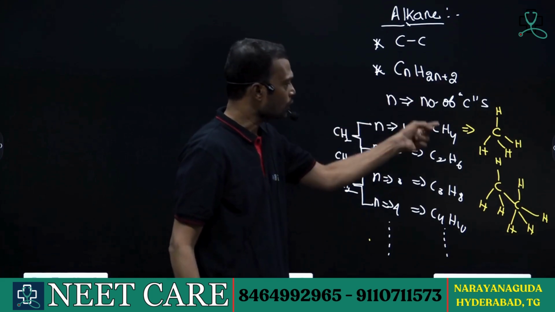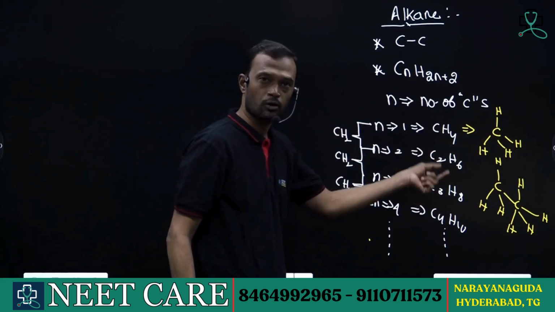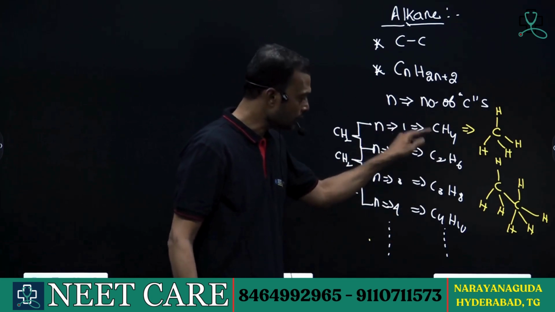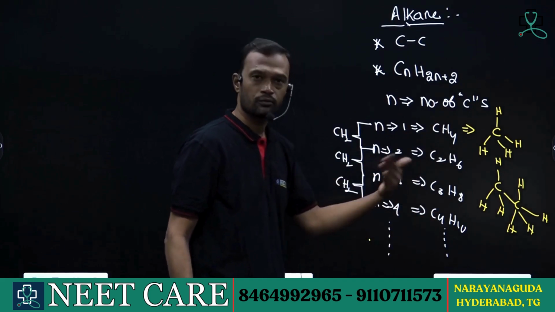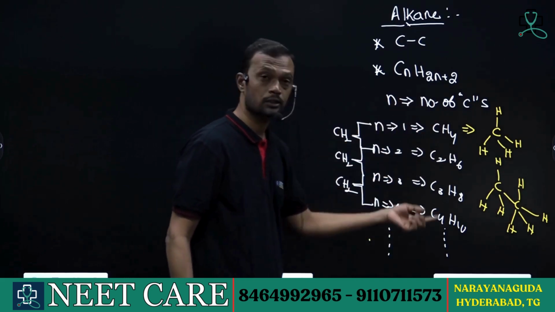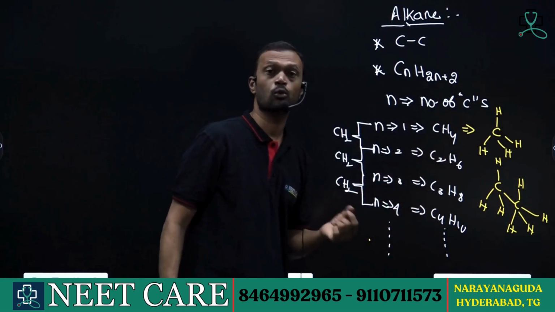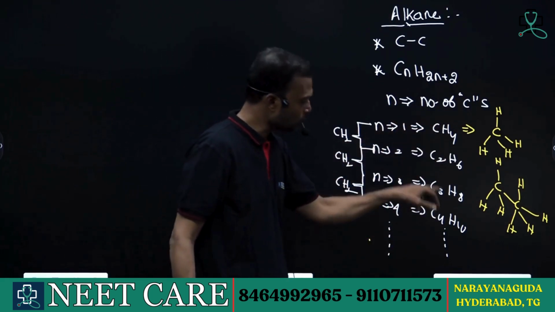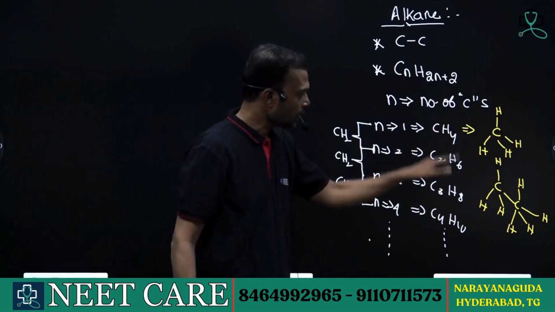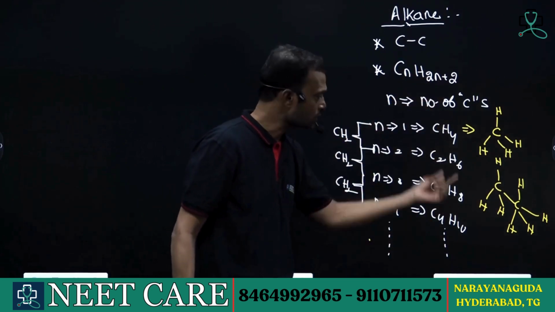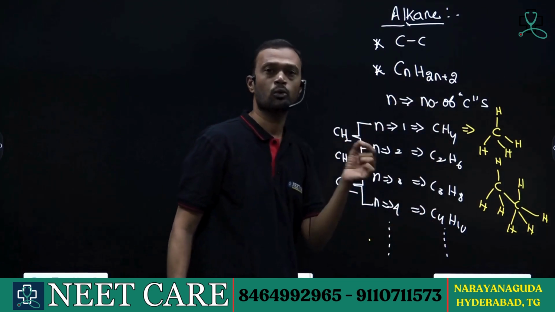Same general formula but different molecular formula, and they differ by only a CH2 unit. That is called a homologous series. Writing this continuously with increasing number of carbons, that set is nothing but a homologous series, and every individual unit is known as a homolog. All of these have the same general formula.